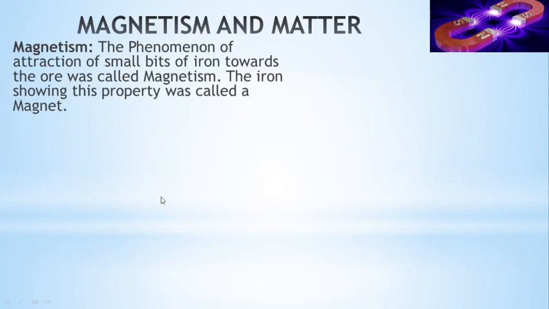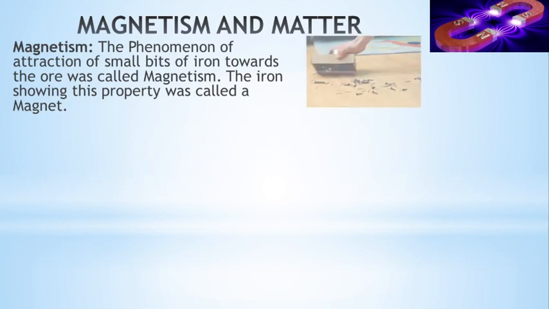Magnetism, that means the phenomenon of attraction of some bits of iron or iron like materials towards the ore was called magnetism. That means some materials, they will attract some iron like materials towards them. That property is known as magnetism.